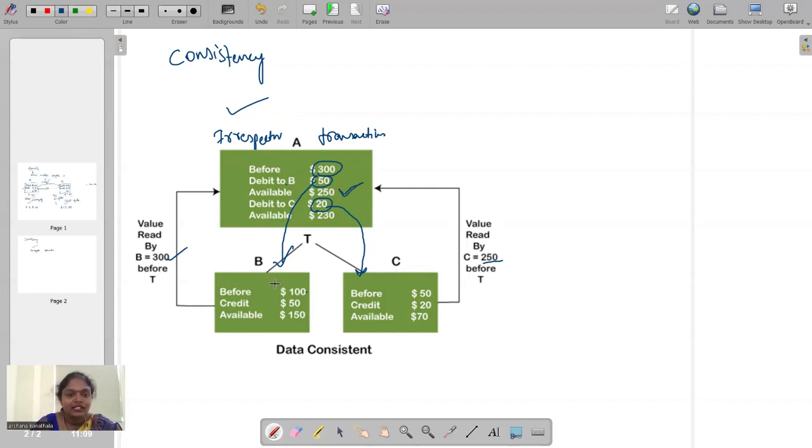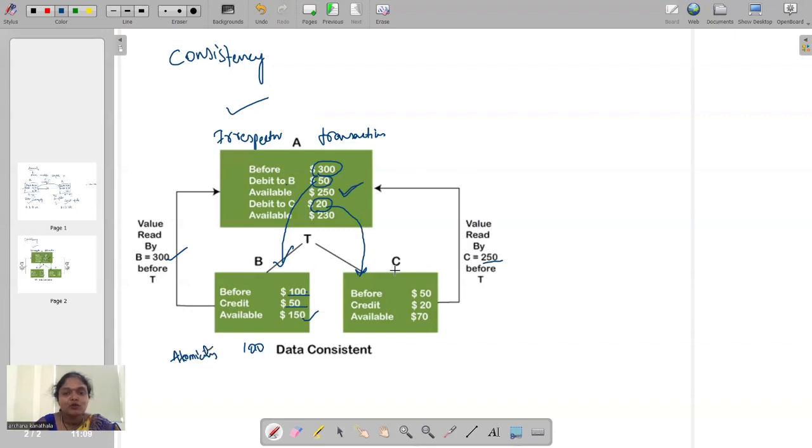When we send the money to B, which earlier had rupees 100, once after crediting 50, it should reflect as 150. B should no longer reflect the value 100. If it does, it means that the data is inconsistent. This can happen when atomicity was not achieved.